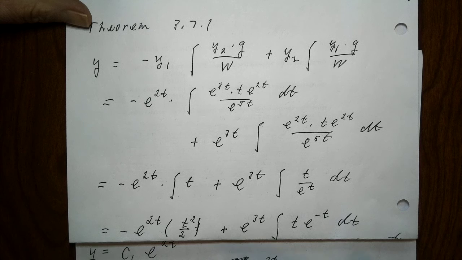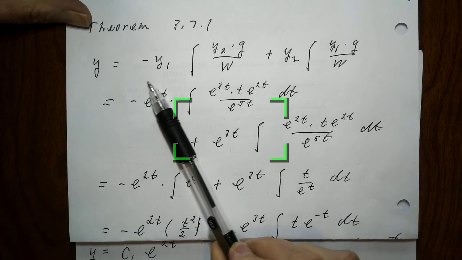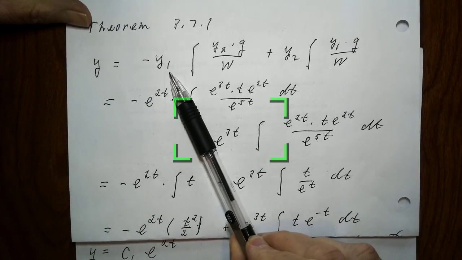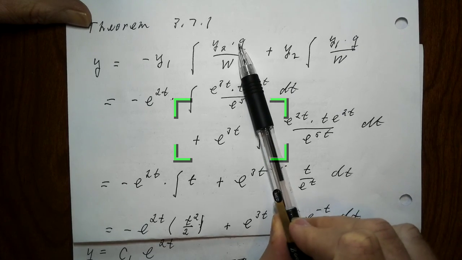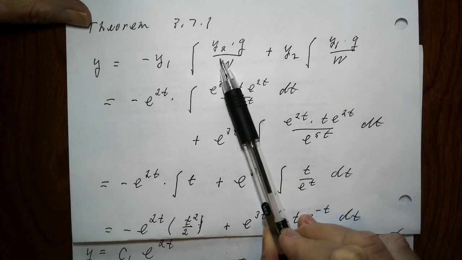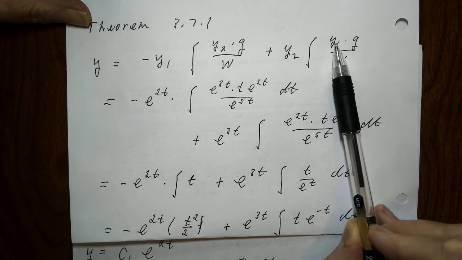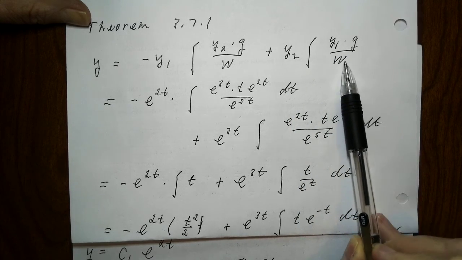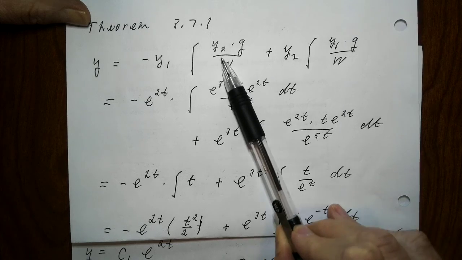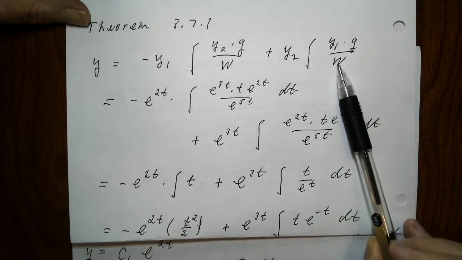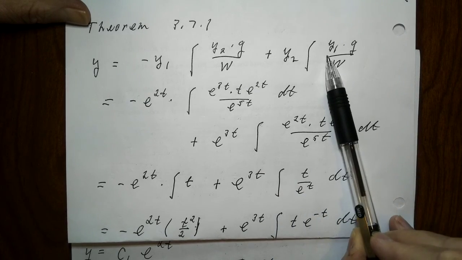But the bottom line is that once we have our fundamental solutions to the homogeneous equation, y1 and y2, we get our particular solution by taking minus y1 times the integral of y2 times g, where g is the right-hand side of our differential equation, all divided by W, the Wronskian, plus y2 times the integral of y1 times g over the Wronskian again. So once we've found the solution to the homogeneous equation, we need to calculate and simplify that quantity, and hope that we can actually integrate what's remaining.